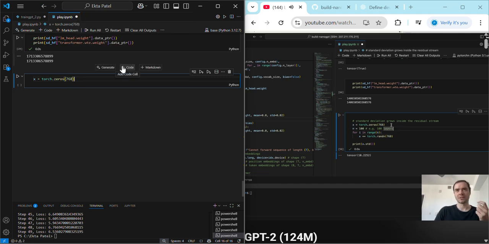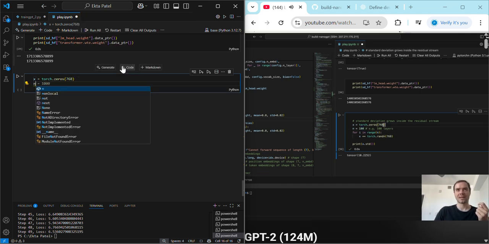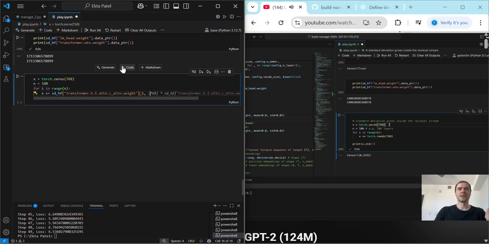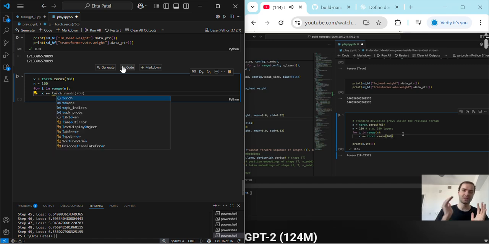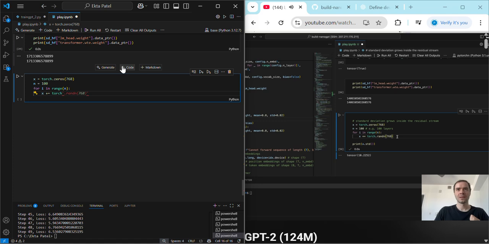So here's a small example. If we start at 0, and then for 100 times, we have this residual stream of 768 zeros, and then 100 times we add random numbers from a normal distribution, 0 mean, 1 standard deviation, then by the end, the residual stream has grown to have standard deviation of 10.